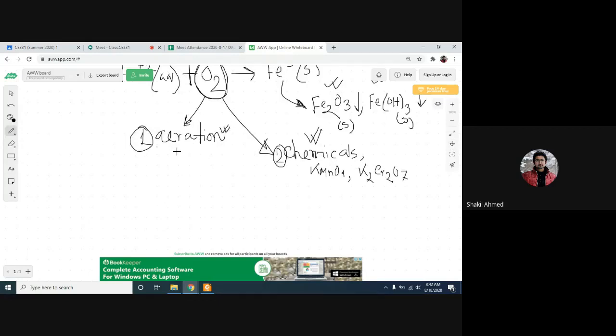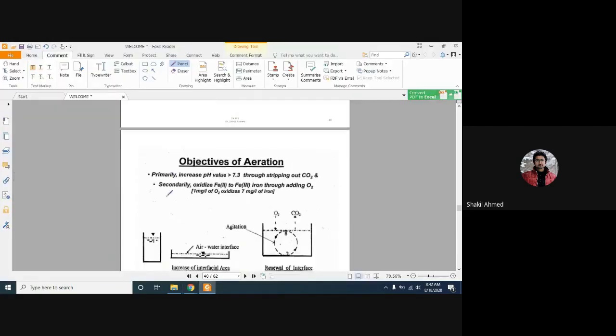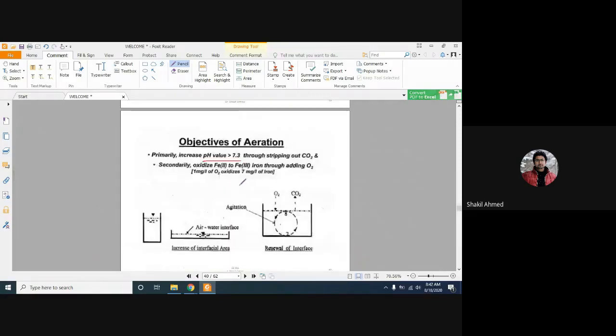Now, to remove iron by oxidation using aeration, there are certain conditions that need to be maintained. Number one is your pH value has to be greater than 7.3.